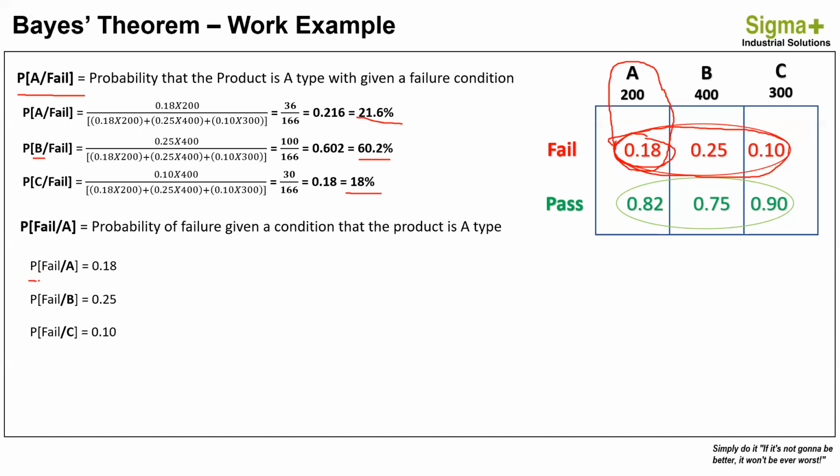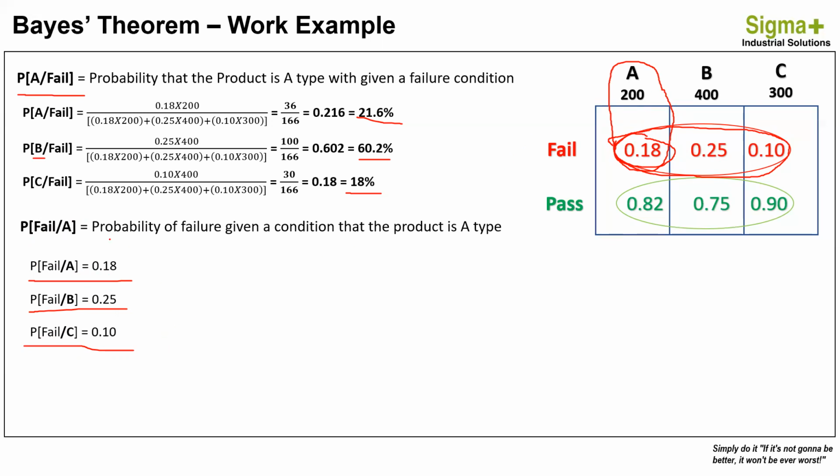That was the basic information that we have known at the beginning of the problem, where the probability of fail subjected to A was 18%, right? So the probability of fail under the condition that it is an A product, okay, so what does it mean? So the fail probability, which is 18%, out of the 200 units under the sample space of the A, right?